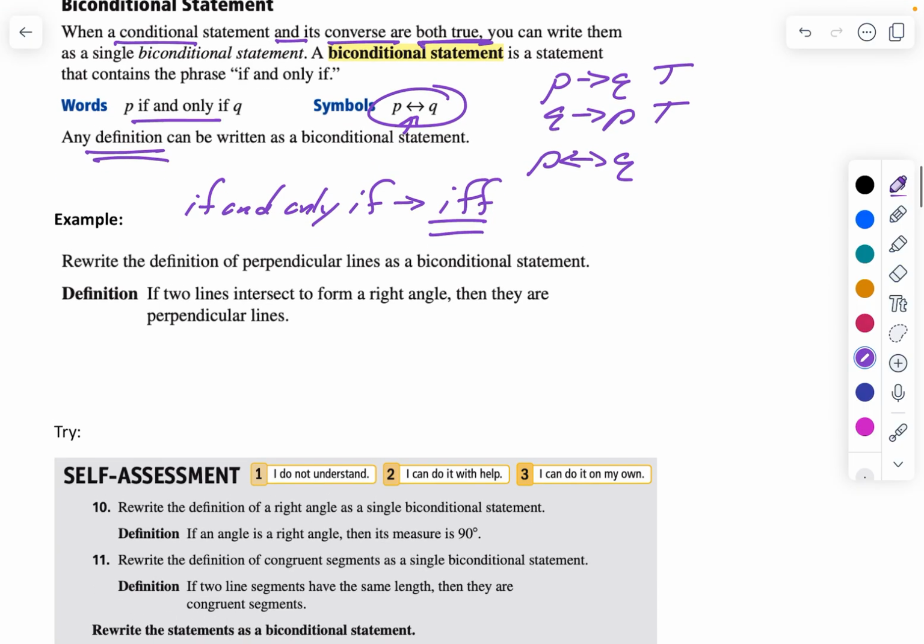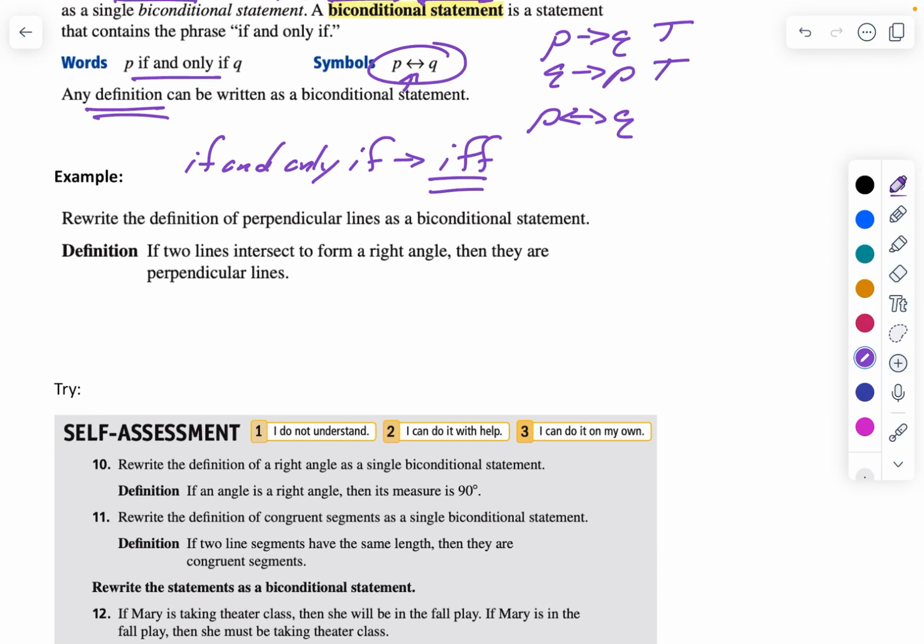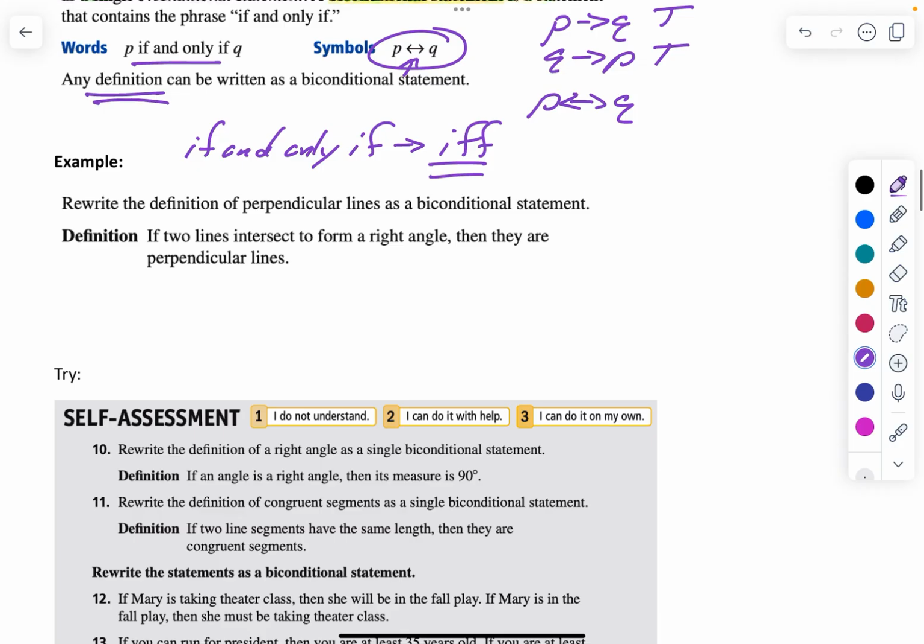Okay, so rewrite the definition of perpendicular lines as a biconditional statement. So if two lines intersect to form a right angle, then they are perpendicular lines. So it's telling us to write the biconditional. But let's just look at the converse. If two lines are perpendicular, then they intersect to form a right angle. See how that's also true?